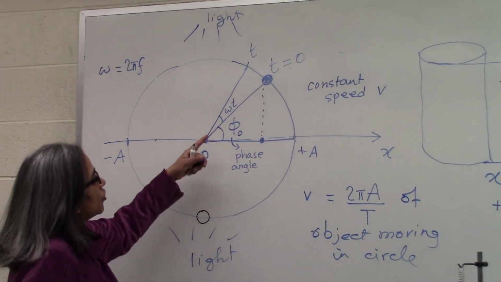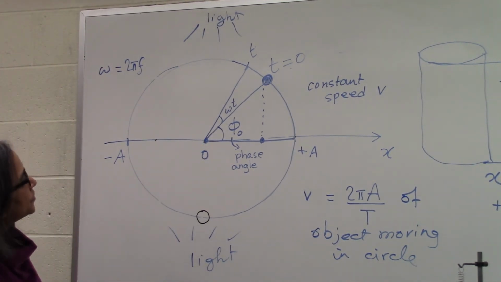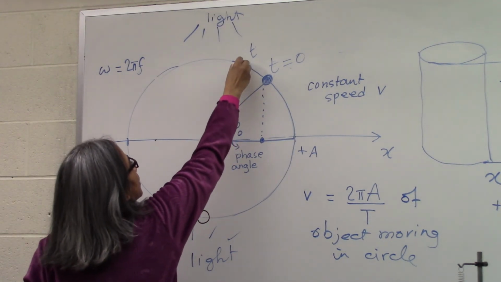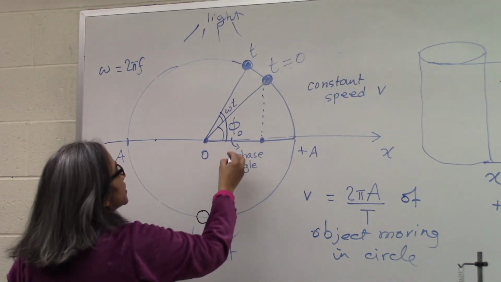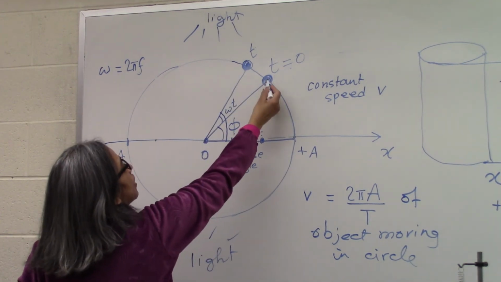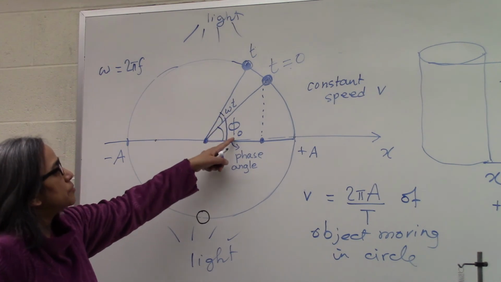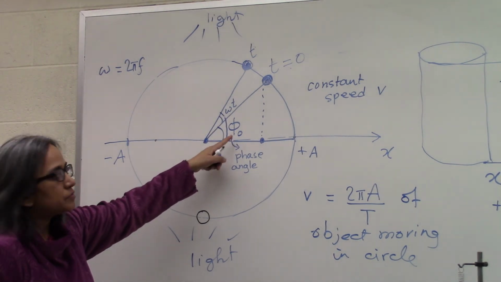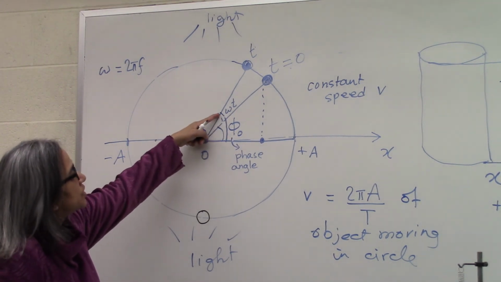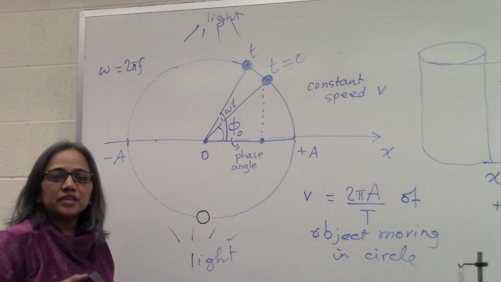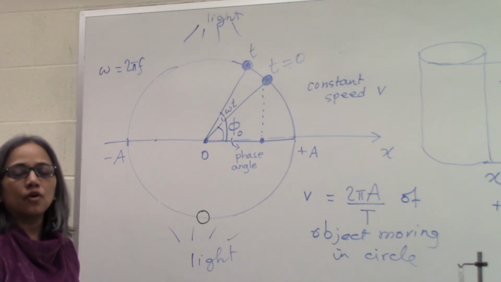So I hope you can see from this analogy that the total angle made by the oscillator at any time t after its starting point is omega t plus phi 0, because that would be this piece plus that piece.